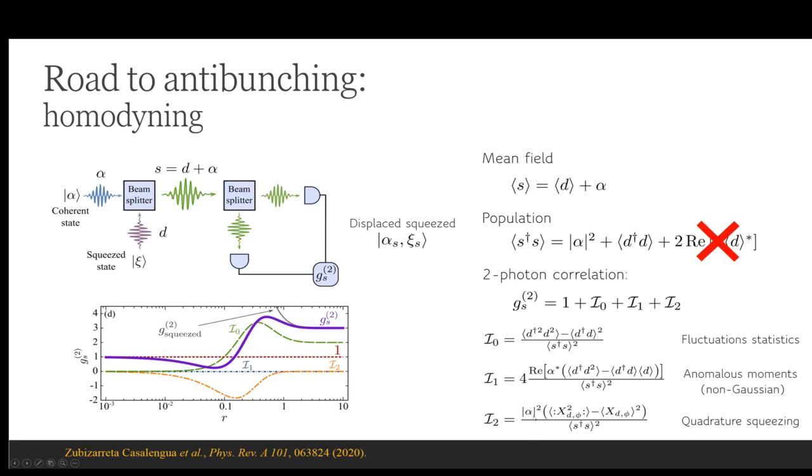So we expect in this case to have a negative value for the I2. If we write the conditions for the anti-bunching in terms of these contributions, what we find is that I0 should be close to 1, I1 should be close to 0, so it should be more or less Gaussian, at least to the 2-photon level, and this I2 should be -2.